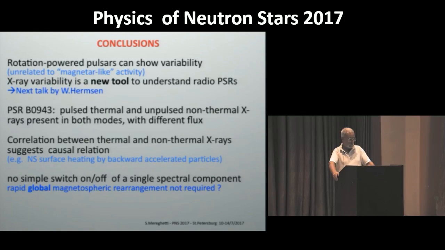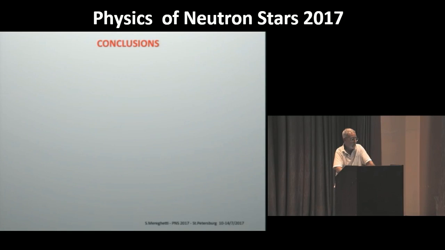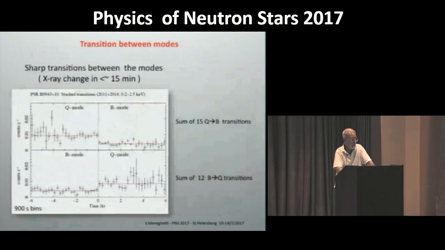And do you know on what time scale, when it switches from Q mode to B mode, the X-ray emission changes in flux? Is there a delay compared to the switching in radio, or we cannot tell? We cannot tell this. All we can say on the rapidity of the mode switch is that it occurs within 15 minutes. We cannot say more with the current data.